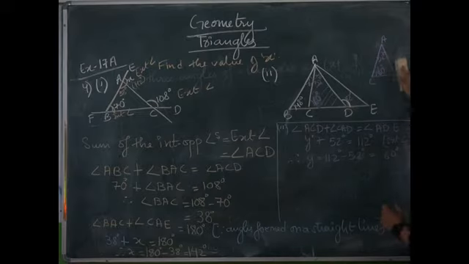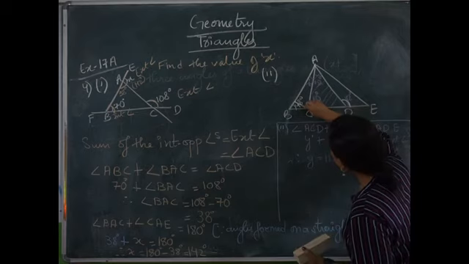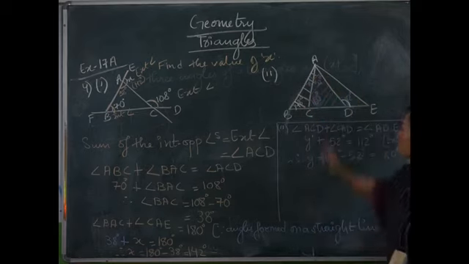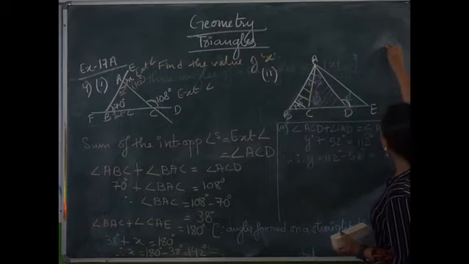Now we don't need this exterior angle. Okay, we don't need this angle. Now what we're gonna do is we'll focus on the other angle. Now we'll be focusing on this triangle in order to find the value of x. So I'll just draw the figure here.